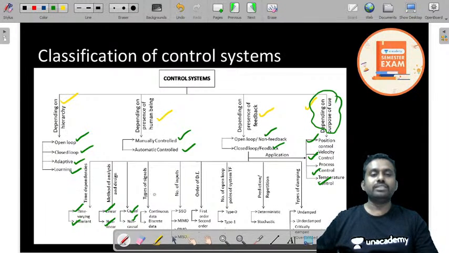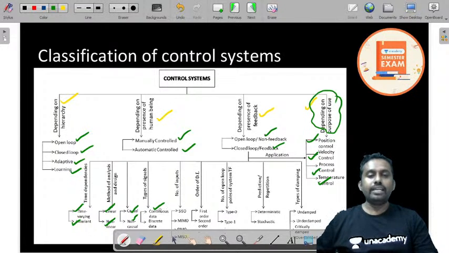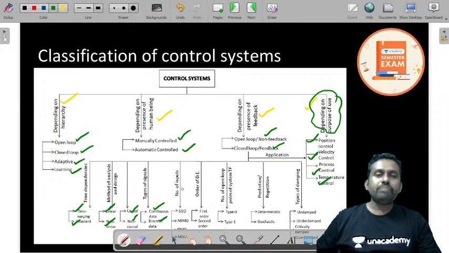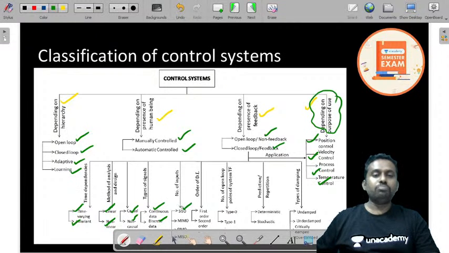Based on the types of the signals, you can classify it as continuous and discrete control systems. And based on number of inputs given to the control systems, you can classify them as single input single output, multiple input multiple output, single input multiple output, or multiple input single output control systems.